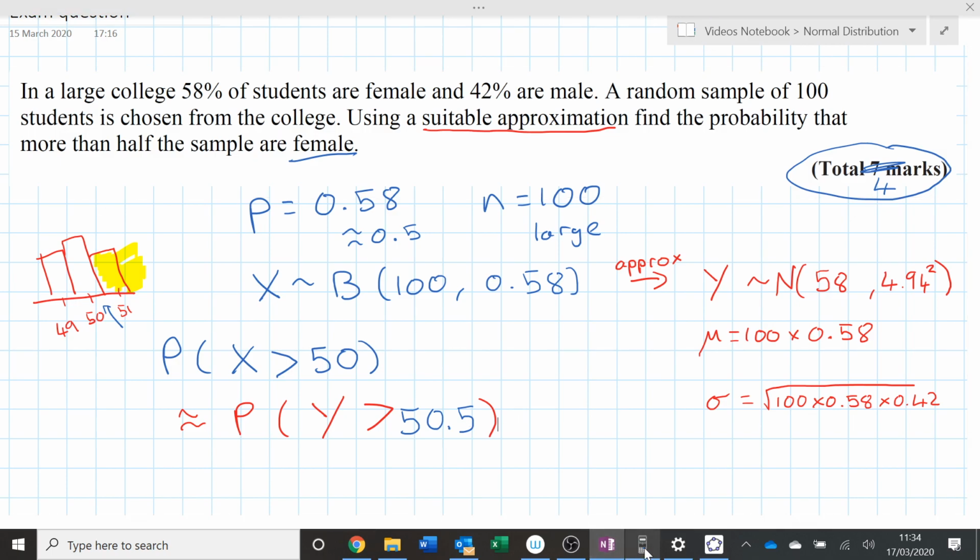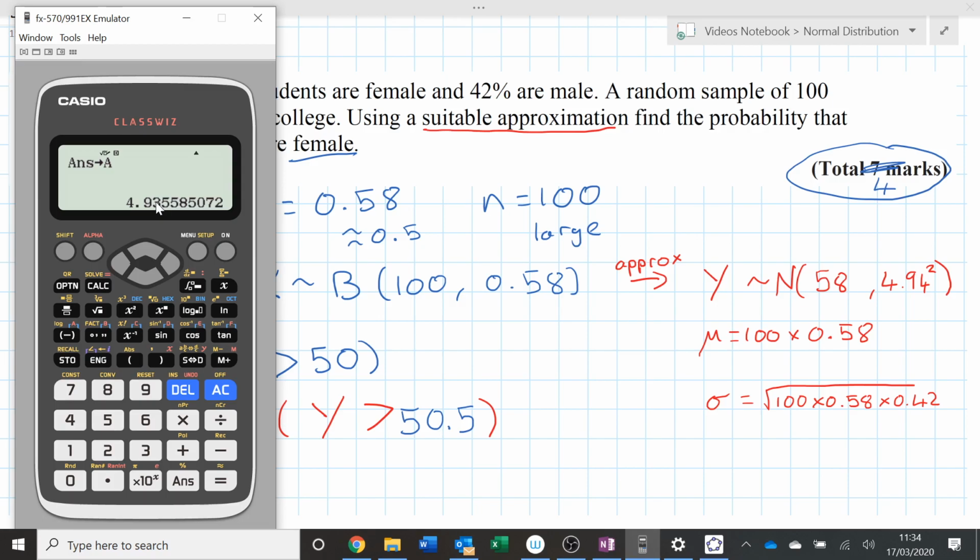So let's go to the calculator. I know my standard deviation is that. I'm going to go into distribution. I'm going to go to normal CD because I want to find the probability. I'm not doing an inverse normal. My lower is 50.5. My upper, I just want greater than, so I'm going to put 99999. My sigma value, hopefully, I stored that as A. Did I just store that as A?